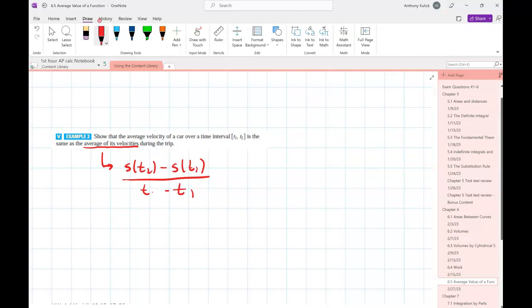That's what the average of the velocities would be. The average velocity would be the integral from t1, well, oops, we need 1 over t2 minus t1, integral from t1 to t2 of s of t dt.